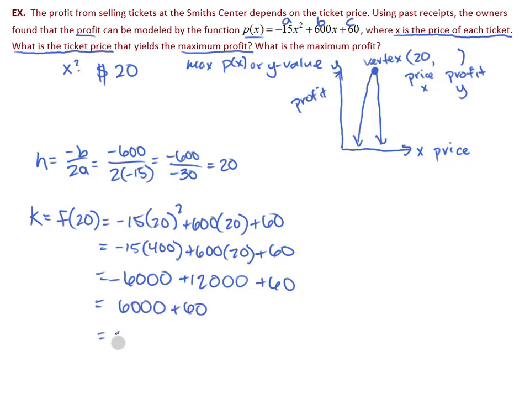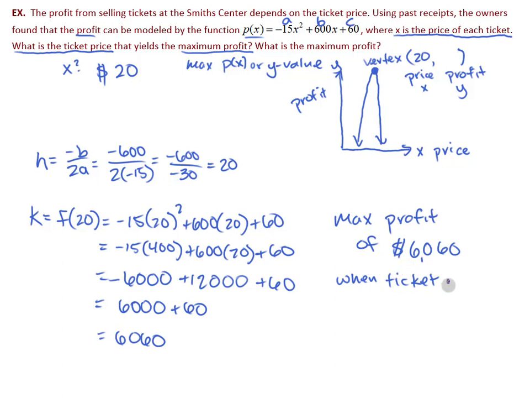Plus our 60 gives us $6,060. So our maximum profit, so we have a maximum profit of $6,060 when the ticket price is $20.